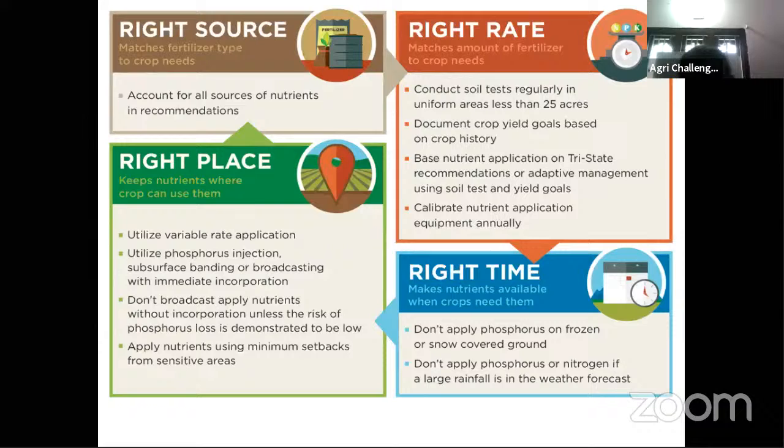Okay. Right source. Which fertilizer you are adding, which source of fertilizer you are adding, is very important. You are adding nutrients from FYM or from vermicompost, or from inorganic fertilizers, or through nitrogen fixation by leguminous crops.